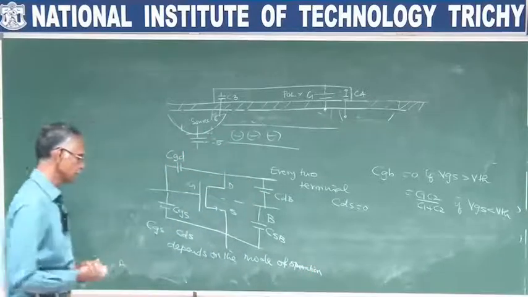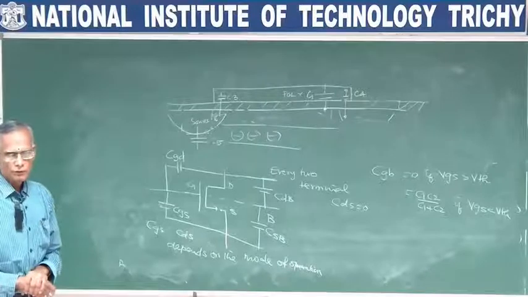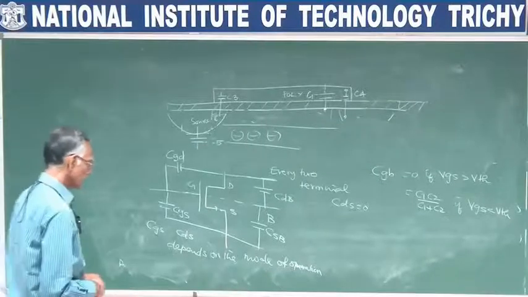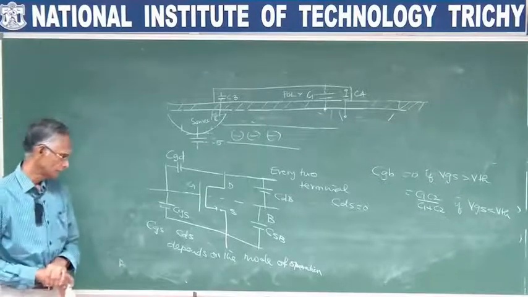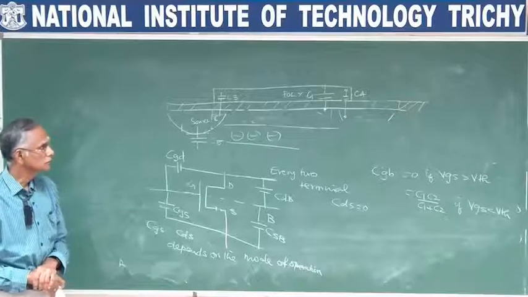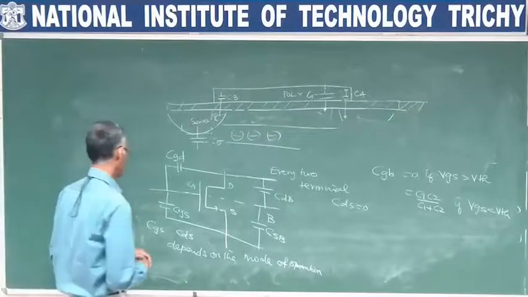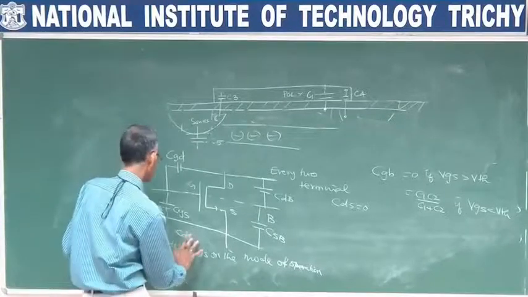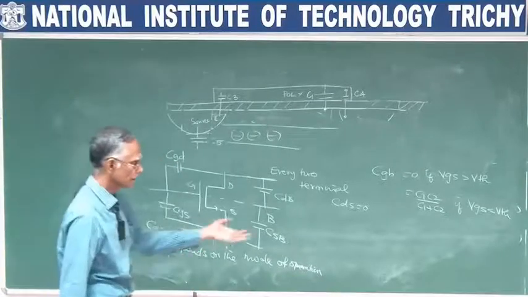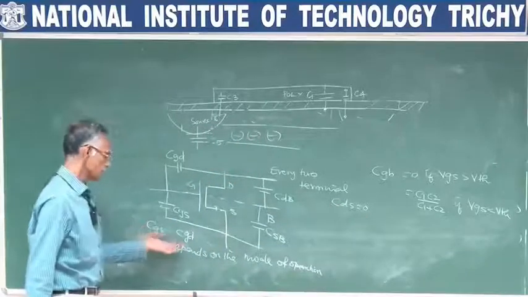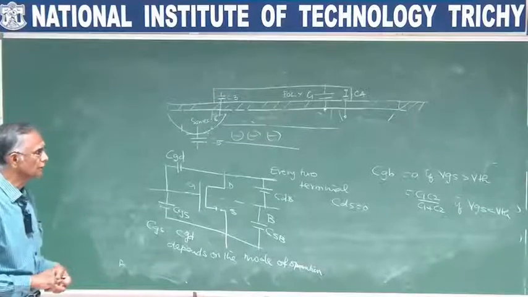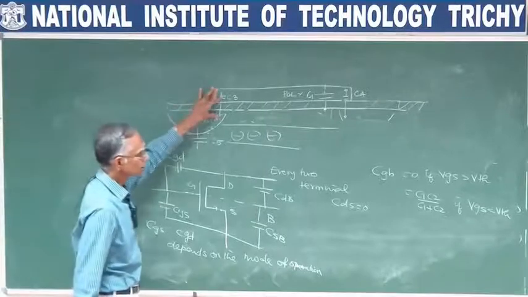The values of CGS and CGD depend on the mode of operation, because we already said that CDS is equal to 0. This is CGS and this is CGD.